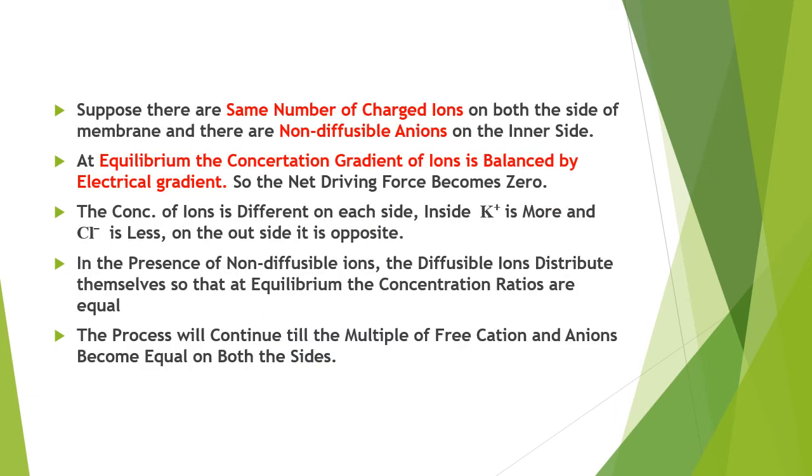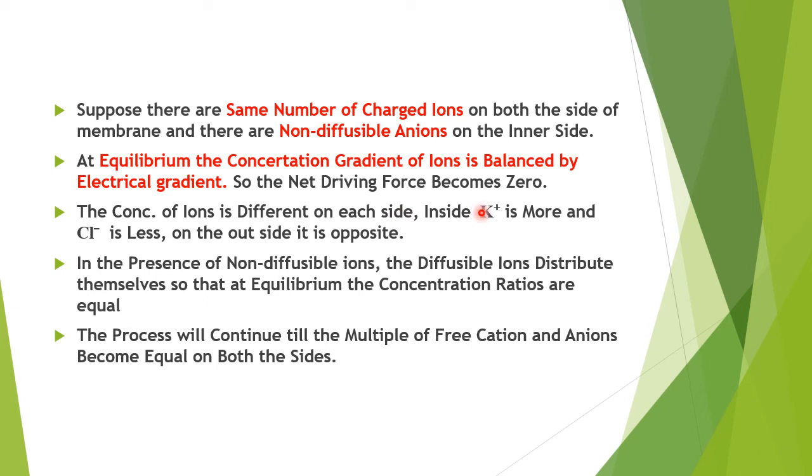We explain it here. Suppose there are the same number of charged ions on both sides of a membrane and there are non-diffusible anions on the inner side. At equilibrium, the concentration gradient of ions is balanced by the electrical gradient, so the net driving force becomes zero. The concentration of ions is different on each side.